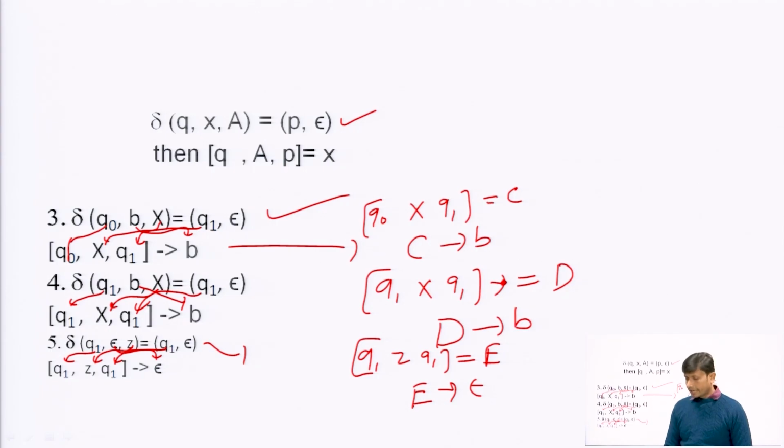After simplification or before simplification, whatever language is generated by this context free grammar will be the same language accepted by the pushdown automata. So this is the process to convert your pushdown automata to context free grammar.